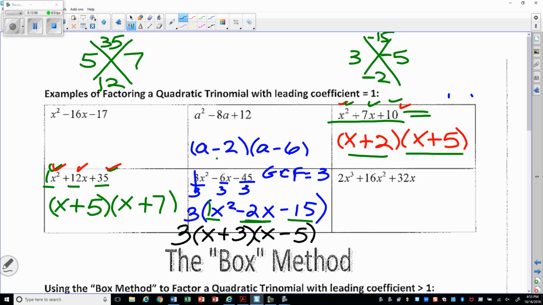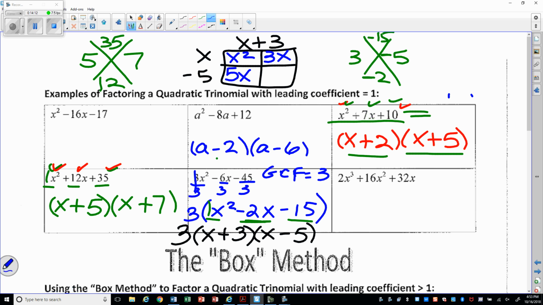Just to check. So I've got x plus 3 times x minus 5. And then x times x is x squared. 3 times x is 3x. Negative 5x. And negative 15. All right, combine my like terms.